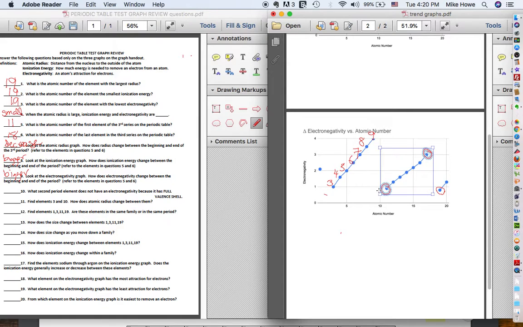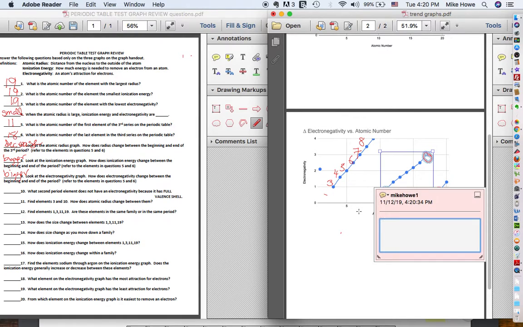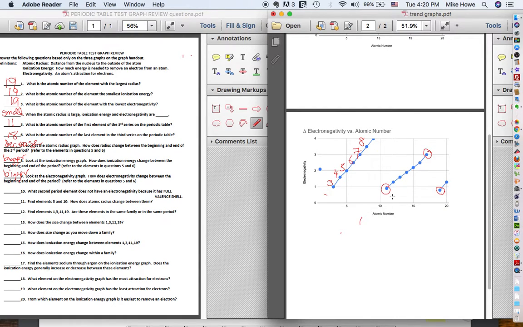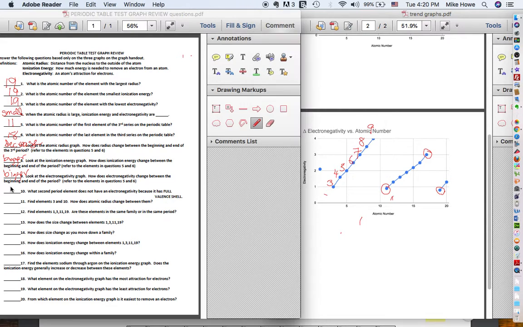So this element over here is 11. Right there. Okay, and this was 9 up here. So there was no 10. That is the one that does not have an electronegativity because it has a full outer shell. So that's 10, which is neon.